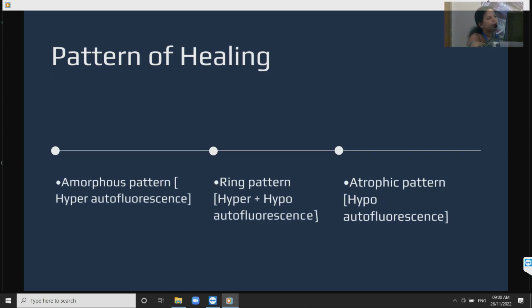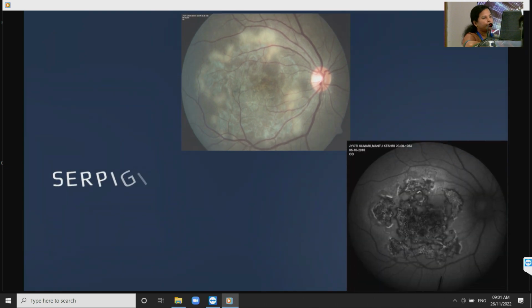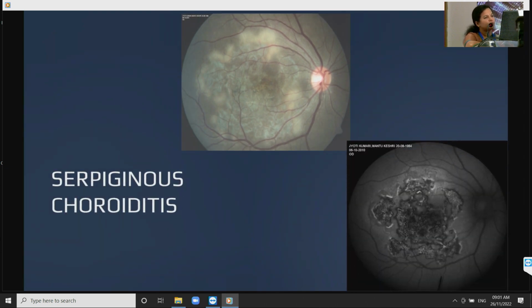The pattern of healing is described as an amorphous pattern of hyper, a ring pattern of hyper and hypoautofluorescence, and an atrophic pattern of hypoautofluorescence.